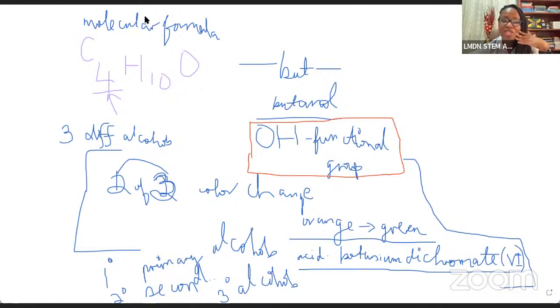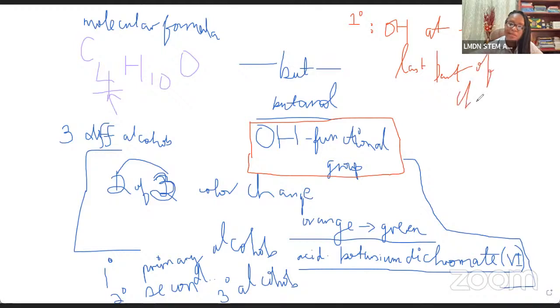All right. So the position of that OH group is what determines whether it's primary, secondary, or tertiary, right? So for a primary alcohol, the OH group is at the end or the last part of the chain. So 1 degree, that's primary: OH at end or last part of chain, right?